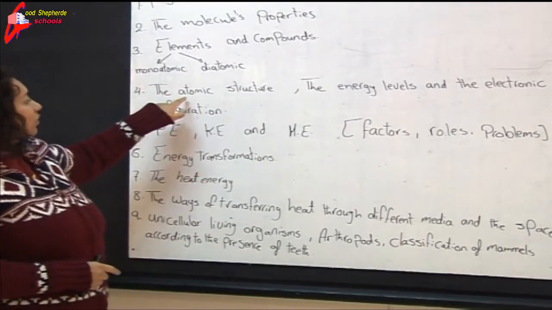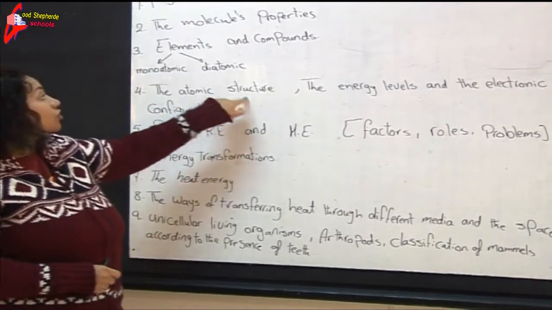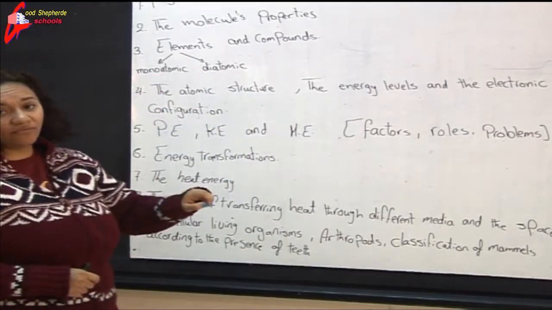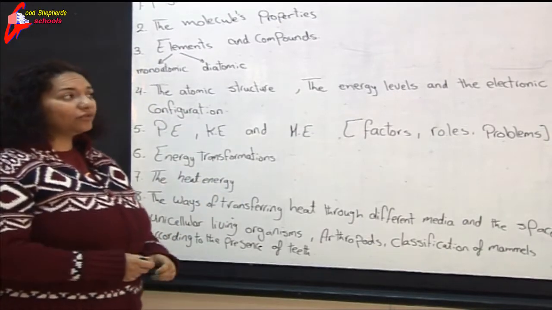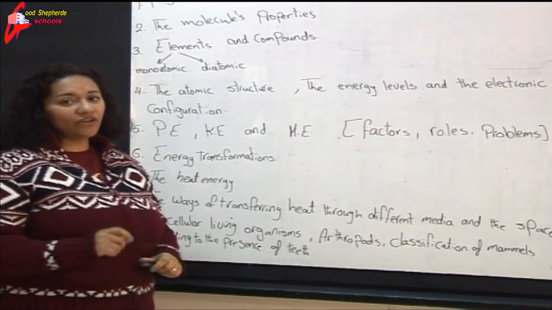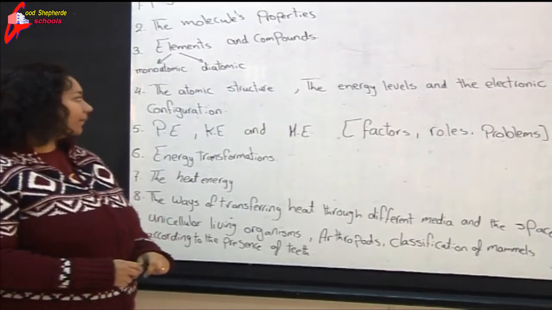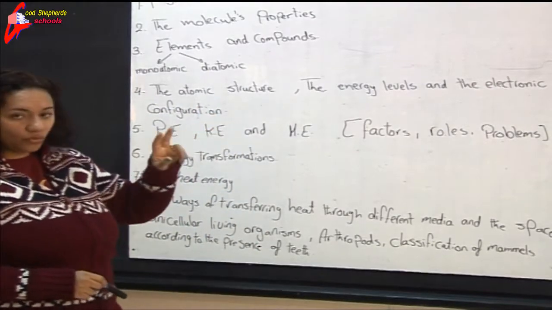Today we are also going to talk about atomic structure. Each molecule is made of a smaller unit called an atom. The atom is the smallest part of matter which shares in chemical reactions. Any atom is made of 2 parts.